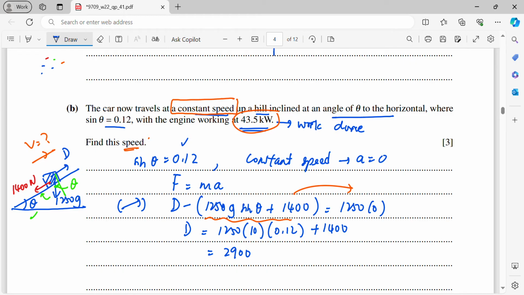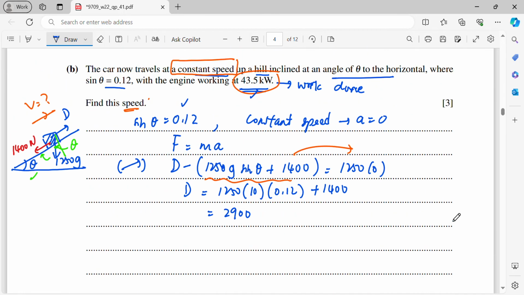So now my driving force is 2900 newtons, and you are given the work done is 43.5 kilowatts. So now the power, I would say power or work done, equals D times v.